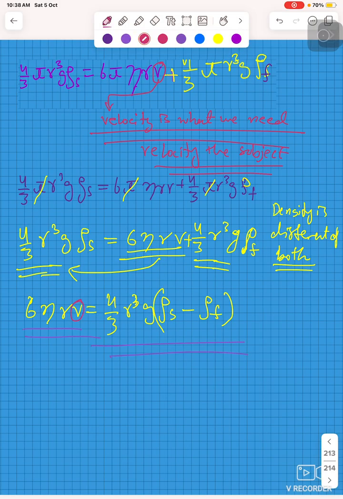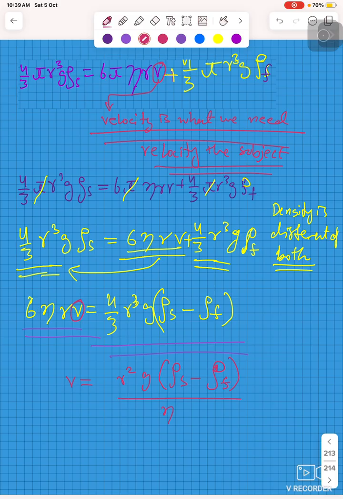Now one last task and we will make velocity the subject. V is equal to, we'll cancel these r, so we get r squared. Let me write it and then I'll explain. Over, we have cancelled this r, so r is gone.